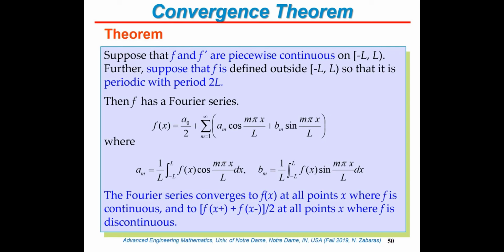So in many applications, when you have to write a Fourier expansion of a function, you're not going to be told what the values of the function are going to be at the edges where you have discontinuities. But if you're going to use the Fourier expansion, the theorem says that at the points of discontinuity of the function f, this series expansion converges to the value that you see in here, the average of the value of the function on the left and the value on the right.